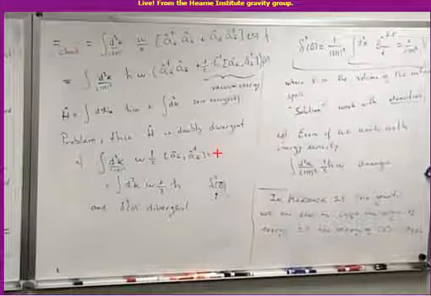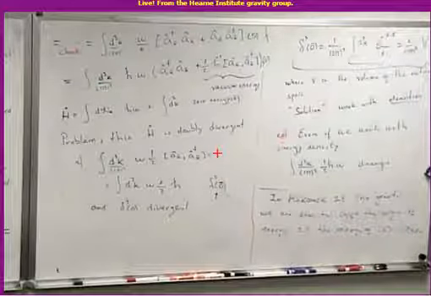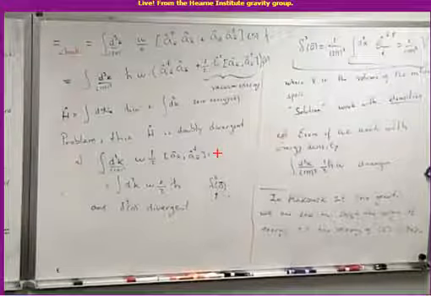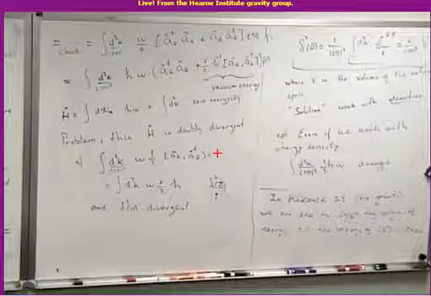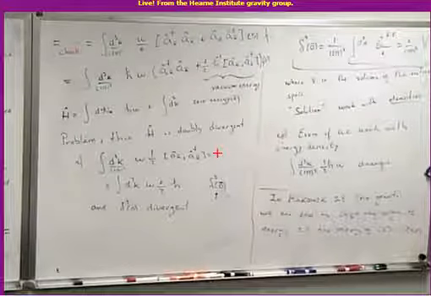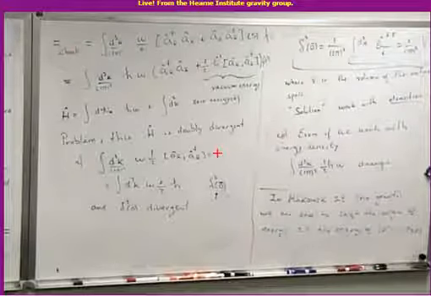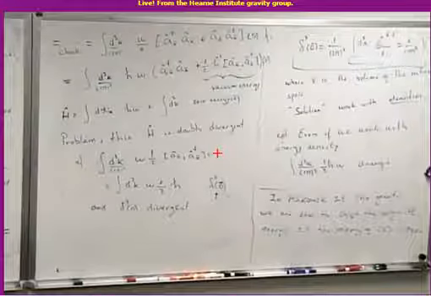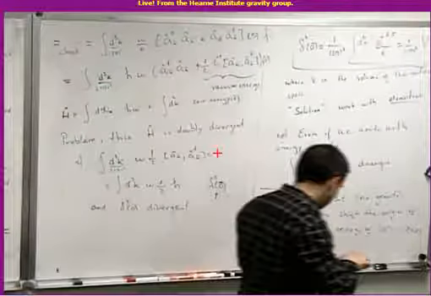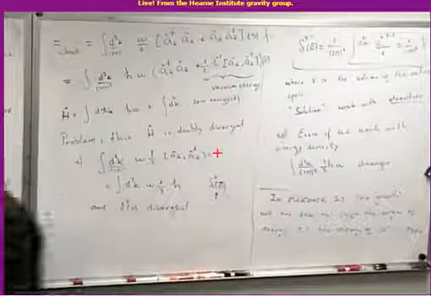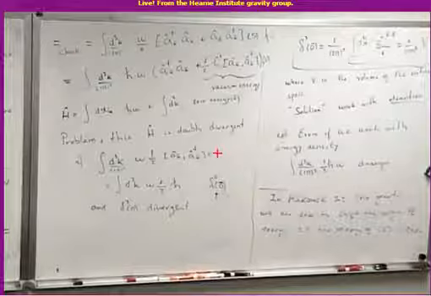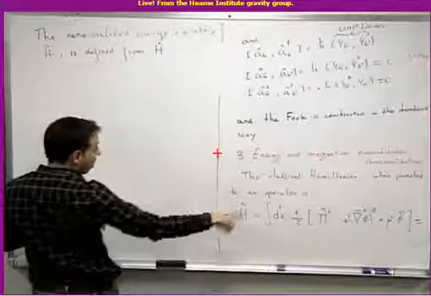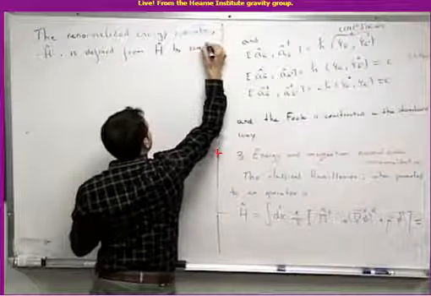So as for the harmonic oscillator, the renormalized energy operator, that we are going to call H hat with 2 dots, where the 2 dots indicate the renormalized operator, is defined from the Hamiltonian we have there by simply removing the vacuum energy.